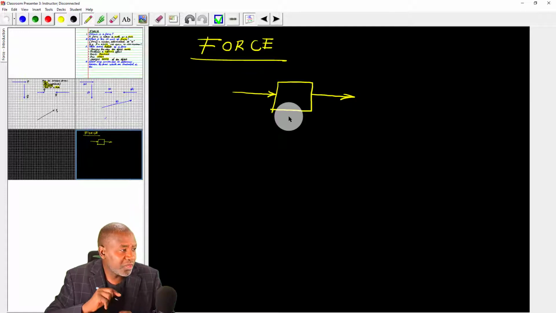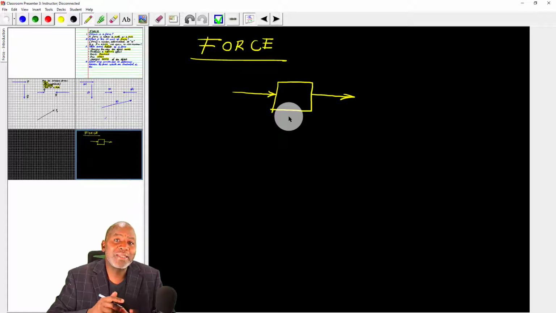But when we put the words push or pull, we cannot associate those words with any equation. So the proper definition of force will come later when you've been introduced to other physical quantities, and then we will define force in terms of momentum and say that force is the rate of change of momentum.